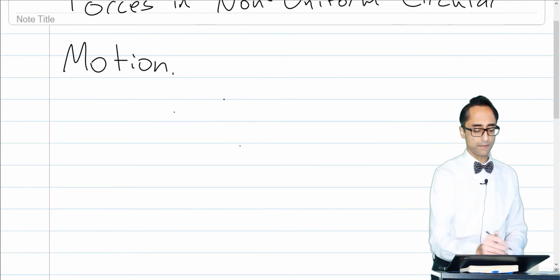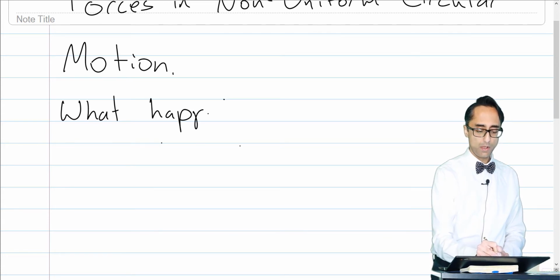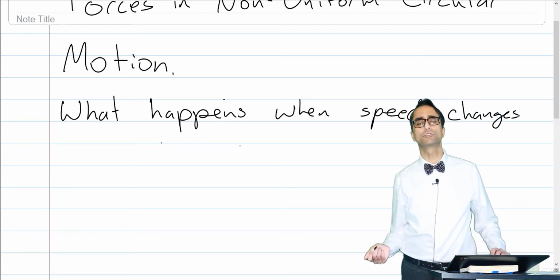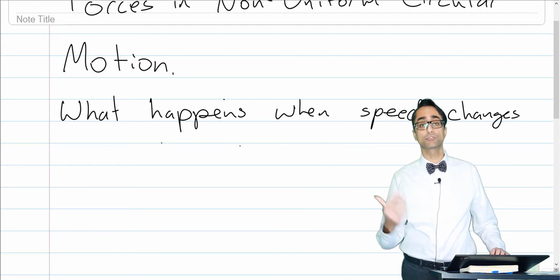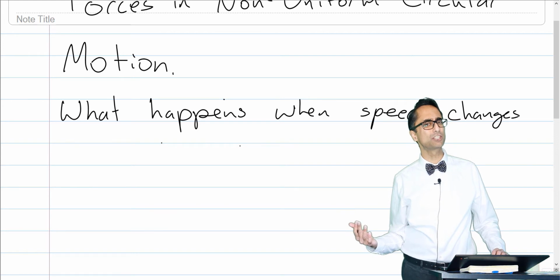And so the question is, how do things change compared to what we've learned up until this point? What happens when speed changes? Now, not only are the forces on our object in a vertical circle going to be different at every point around the circle, but I'm a little worried about the acceleration as well.